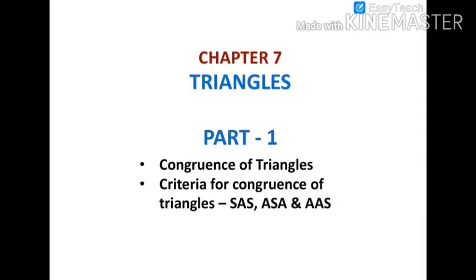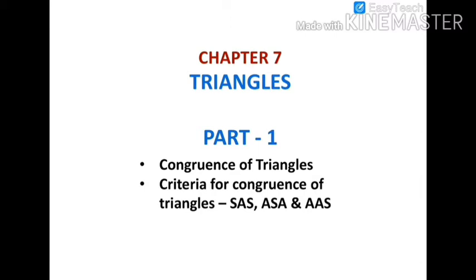Today we will start with a new chapter, chapter 7, triangles. You have already studied about many properties of triangles in your lower classes. In previous lesson, lines and angles, we studied some properties about triangles like angle sum property and exterior angle property.